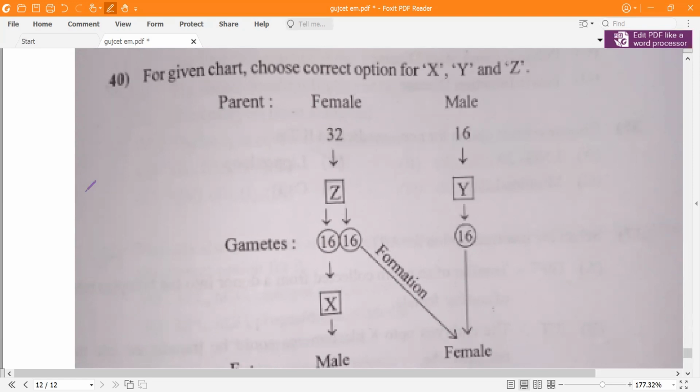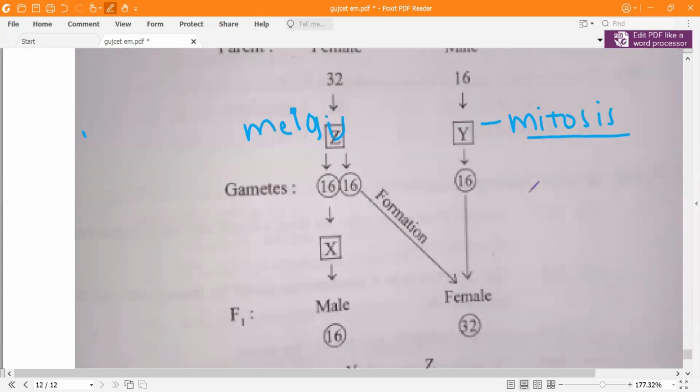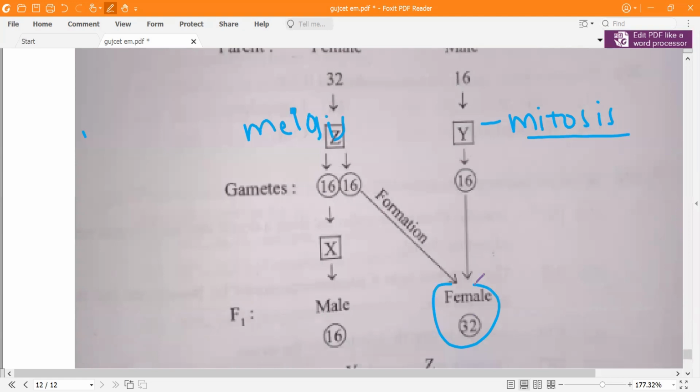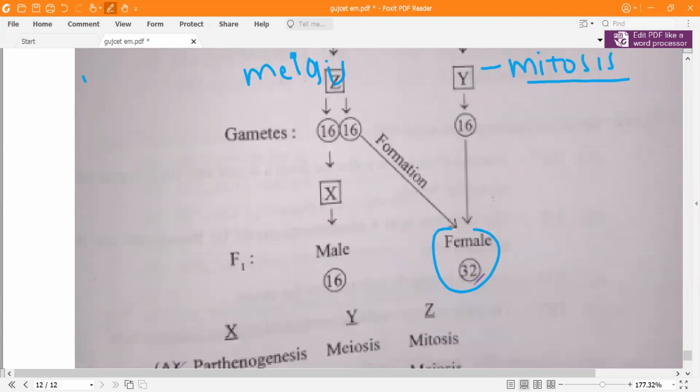And finally, they ask about haplodiploidy, or what we call the haplotype with sex determination. Over here, what will happen? Meiosis. Over here, what will happen? Mitosis. So this is what you get. These gametes are as such. This is male, this is female. So there is meiosis, mitosis, and the male is mainly haploid.